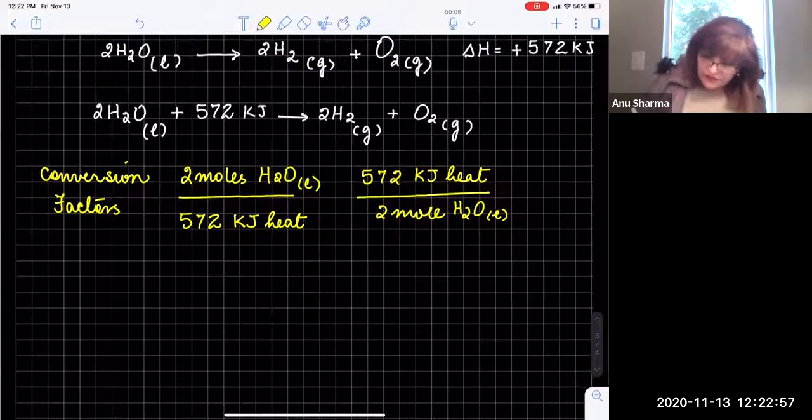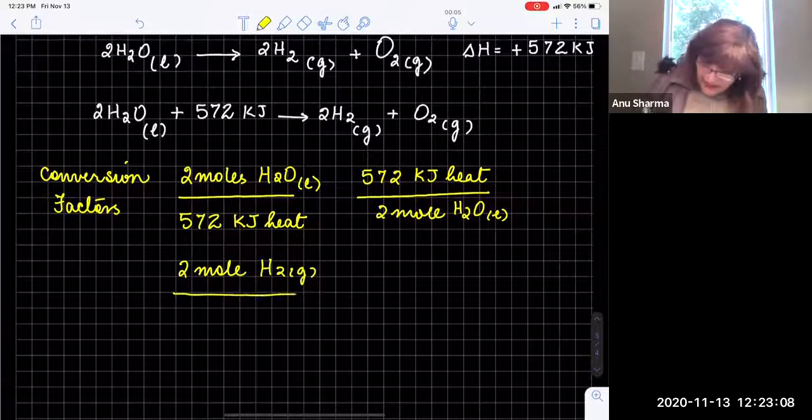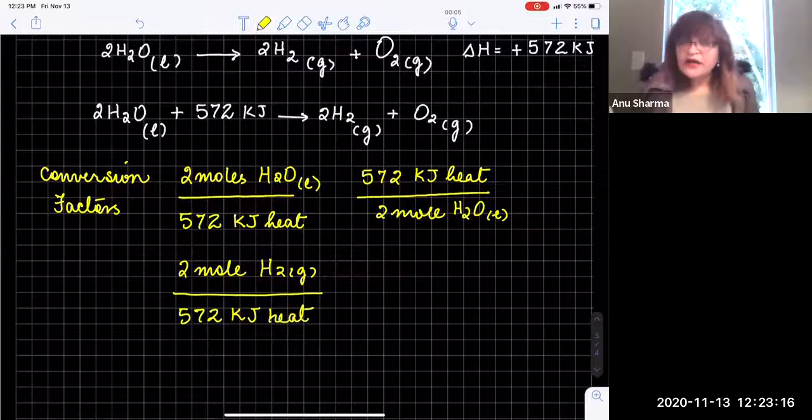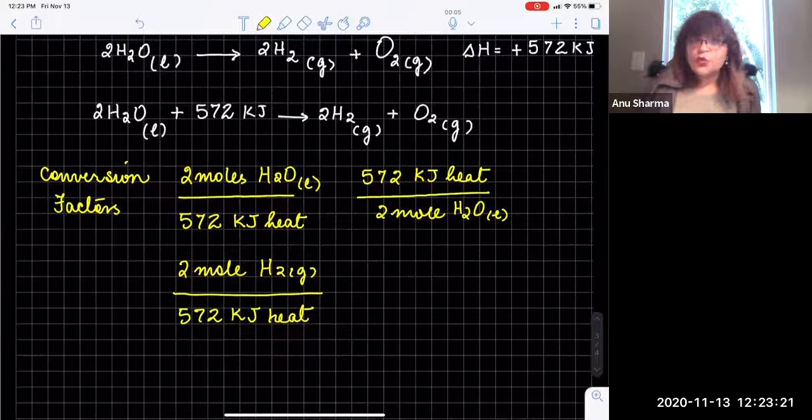The next conversion factor is with regards to the heat now. So 2 moles of hydrogen as a gas is released when 572 kilojoules of heat is involved in breaking the H2O, or in decomposing the 2 moles of H2O.